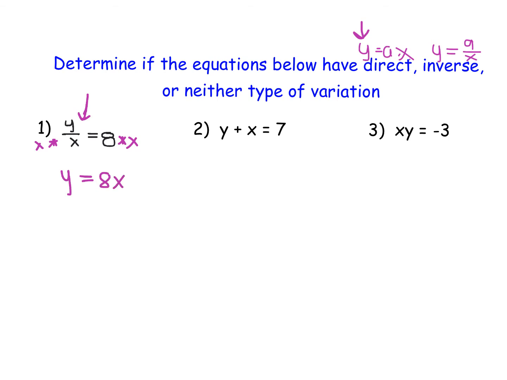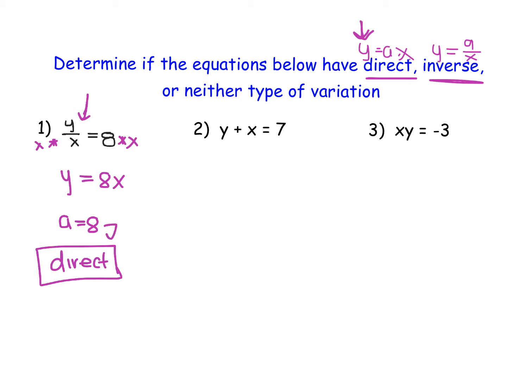Now that I've gotten y alone, I look at both the equations for direct and inverse variation. And what I notice is if I set my a value equal to 8, this looks directly like the direct variation equation that I see here. We can see that y equals a times x. Well, here a is 8, so we have direct variation because this equation type matches the direct variation.